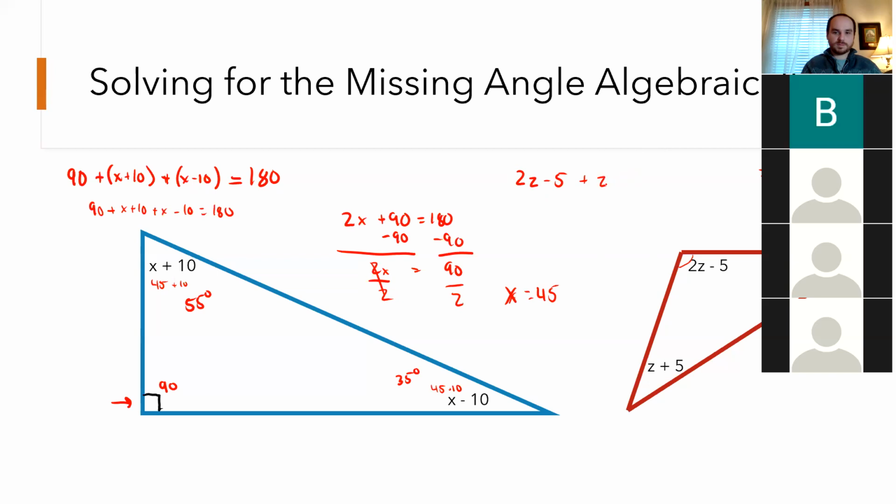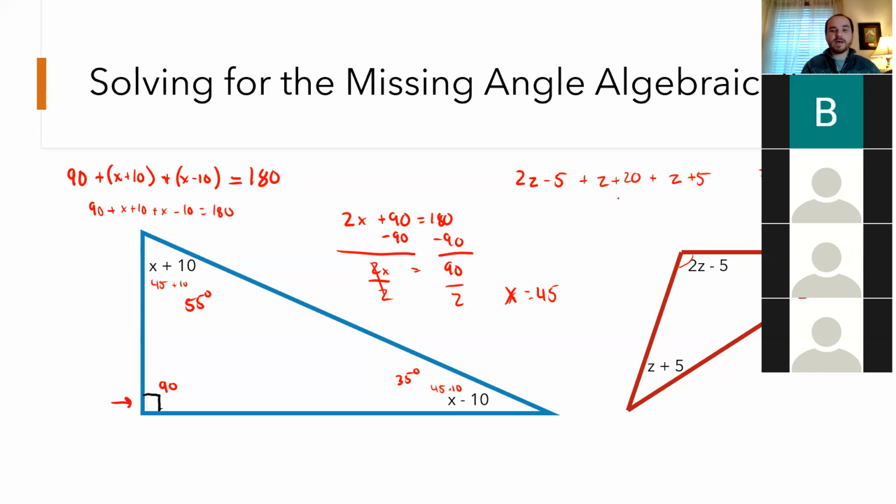Z plus 20. Yep, z plus 20. That'll work. And then what about the last one? I see Pamela and Todd know what it is. Yeah, so it's z plus 5.